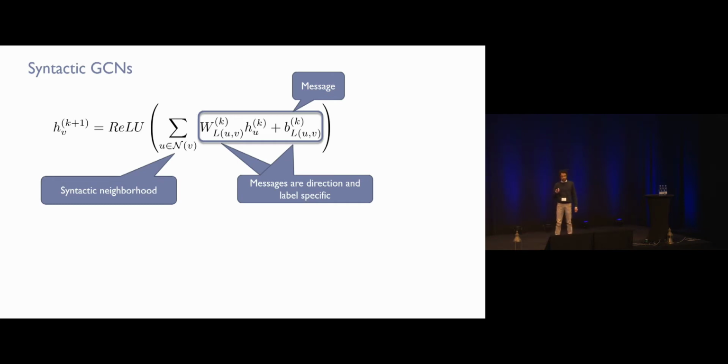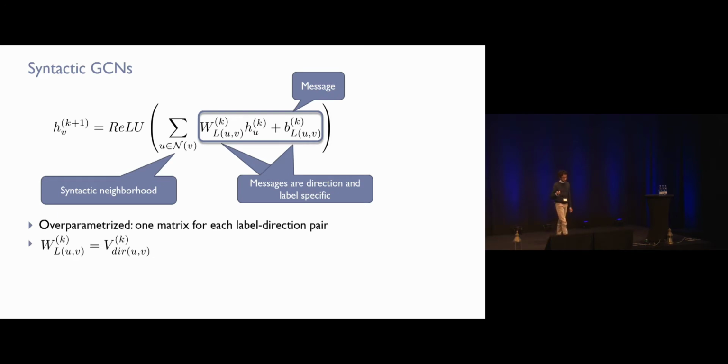This means that we have a full matrix for each label and direction. We have about 50 labels in the syntactic dependency tree in English. Times 2 would be 100 labels, 100 matrices. That's way too much. It didn't even fit in memory. So this model is also over-parameterized.